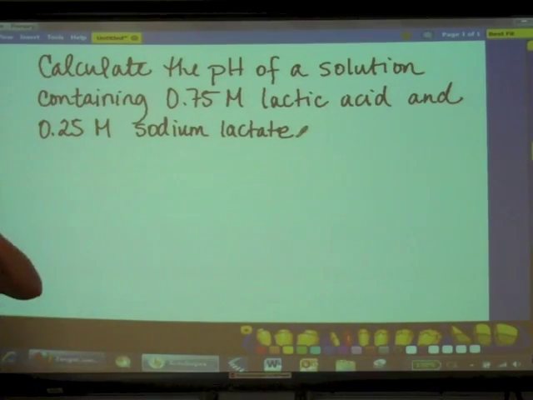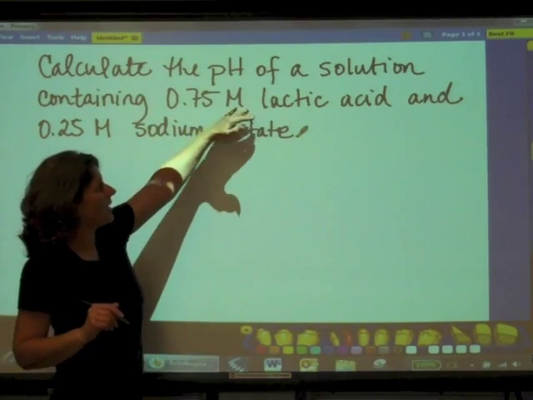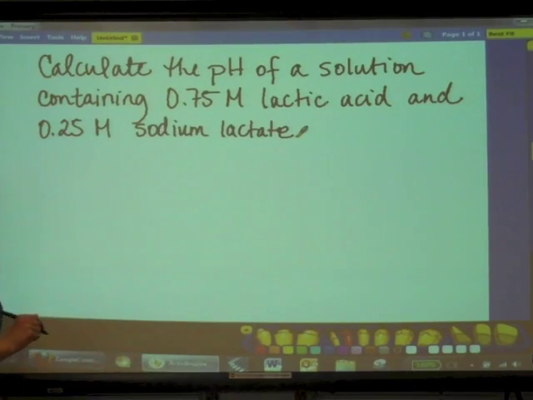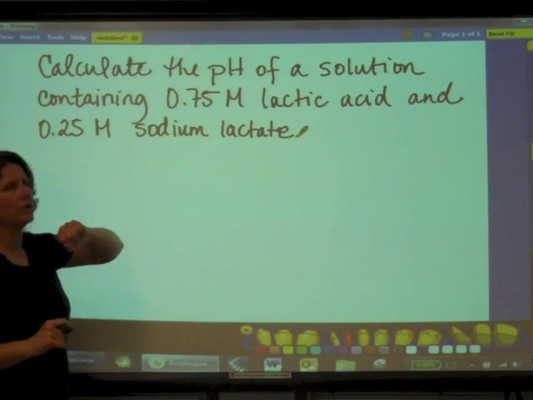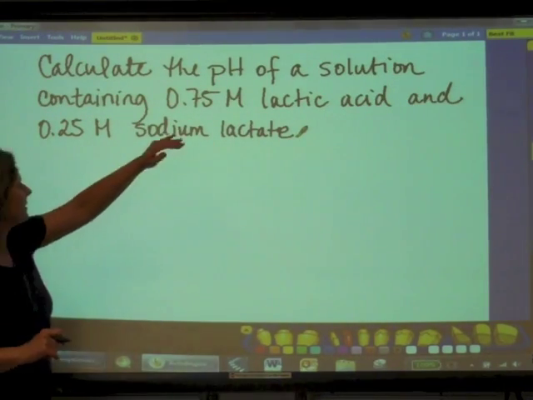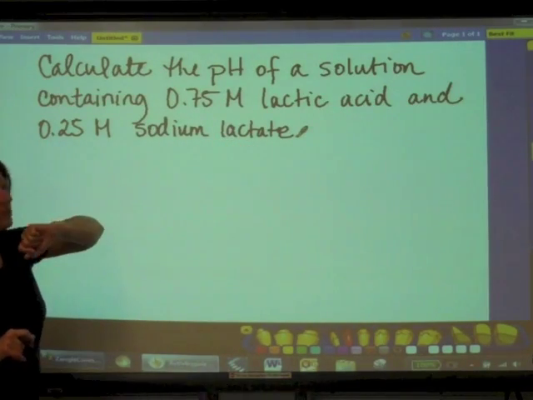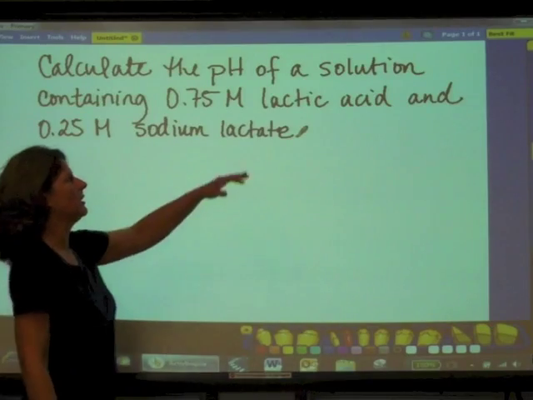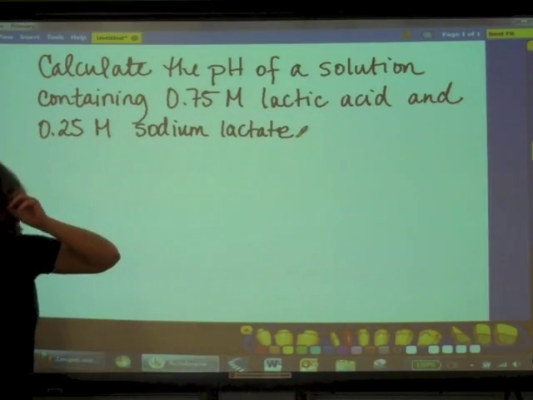Okay, so we have in here our acid in a concentration of 0.75 molar, and we also have in the solution this salt, sodium lactate. And the lactate, of course, is the conjugate base, the common ion of the lactic acid.